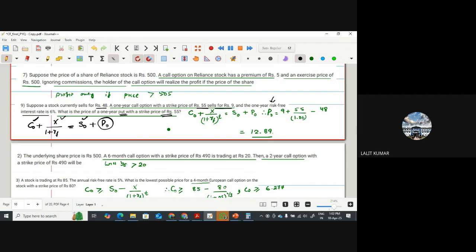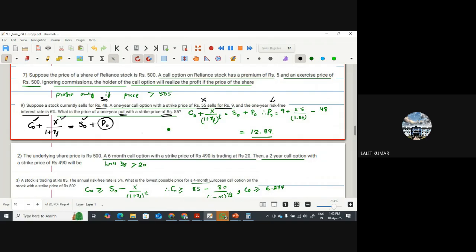Is this okay? Yes, sir, it's clear. C means the price of call, P means the premium of put, and we are taking the present value of the stock price. S0 is the present stock price. X is the exercise rate.